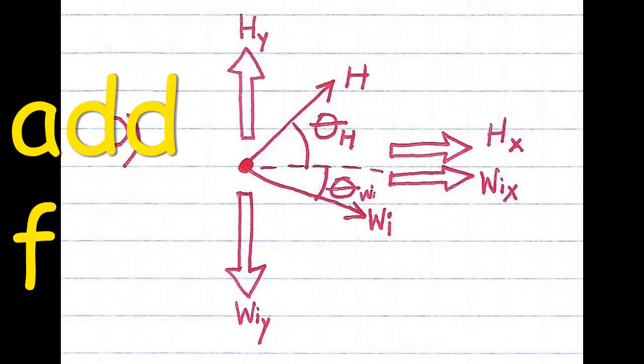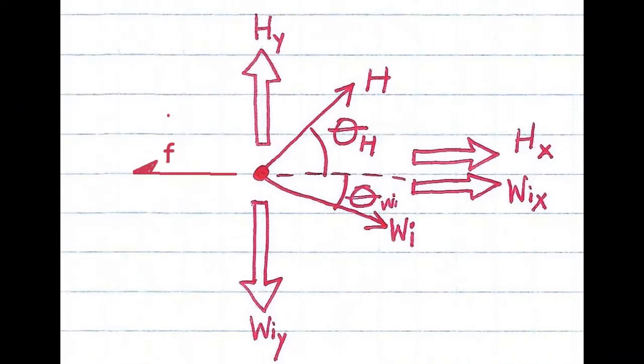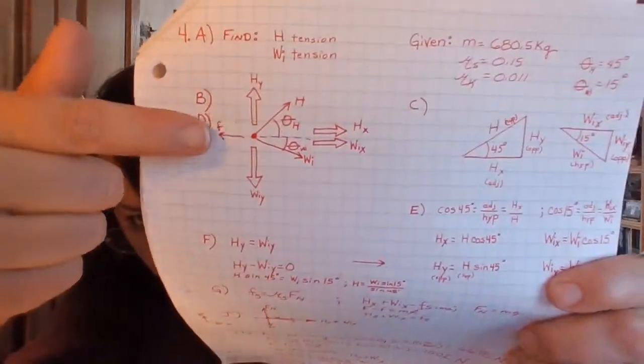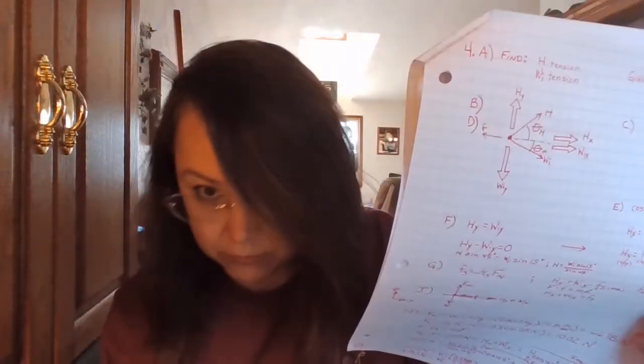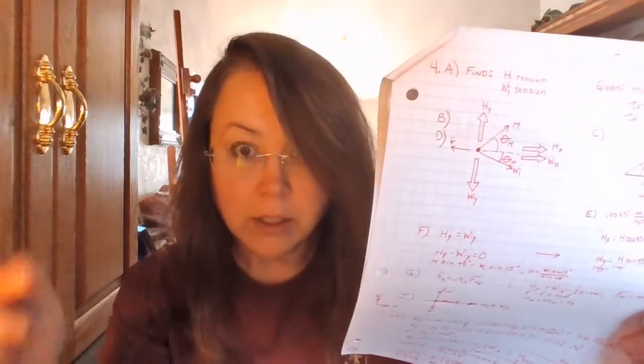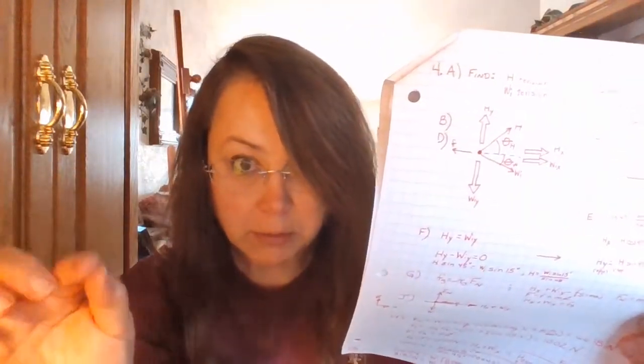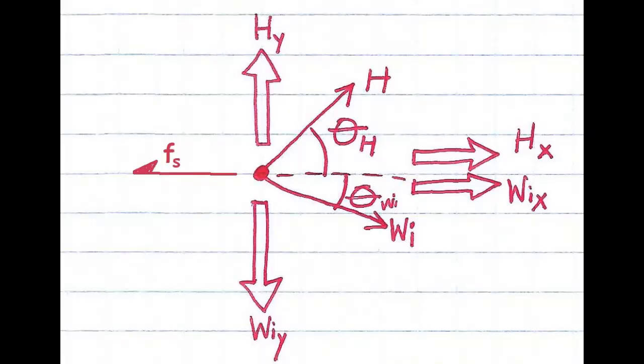So let's look at that free body diagram again. Where we only had a lowercase f, now we need to write lowercase f sub s for static friction.